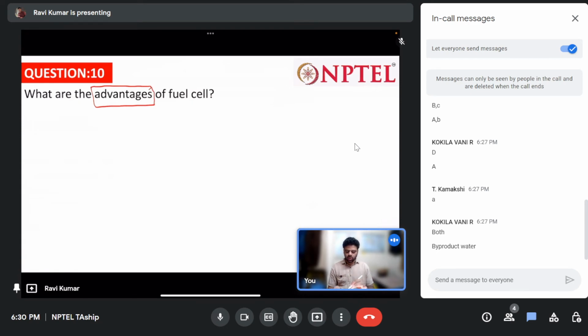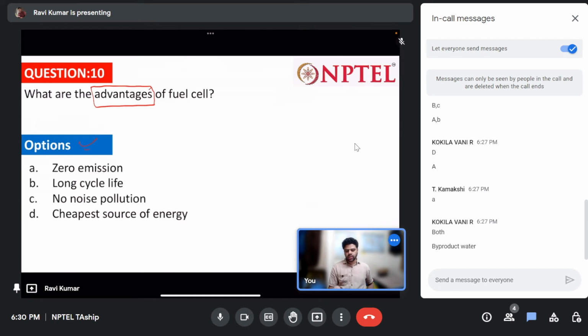So these are the options. What are the advantages of fuel cell? Zero emission, long cycle life, no noise pollution, and cheapest source of energy.